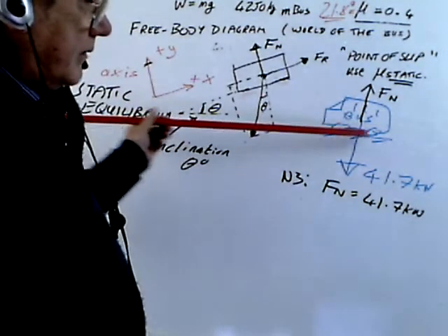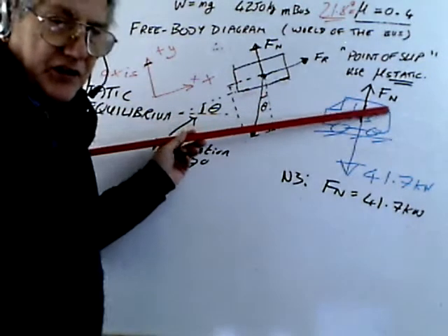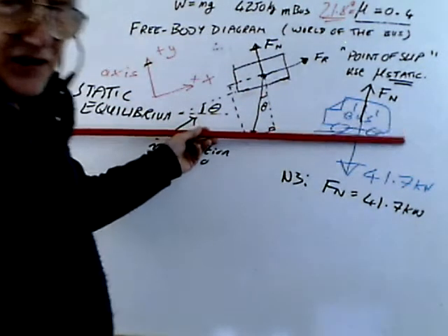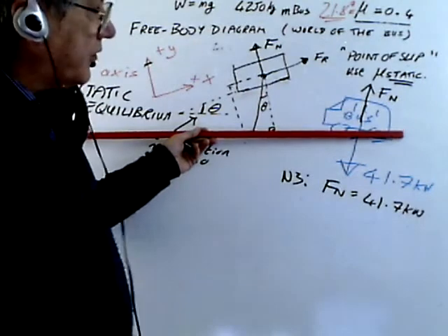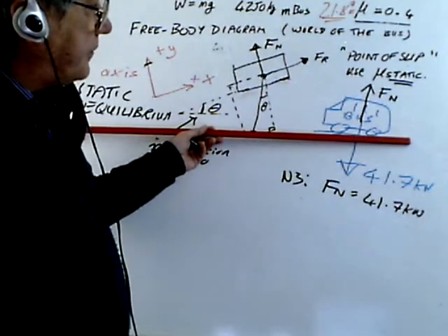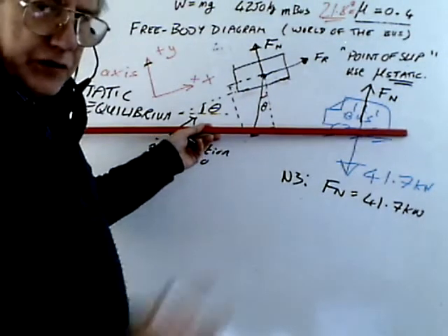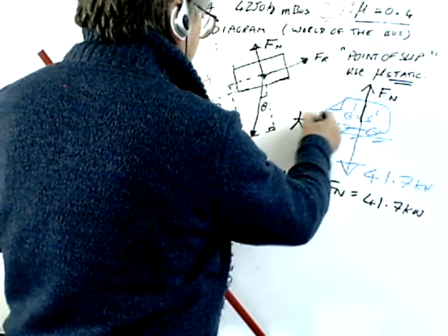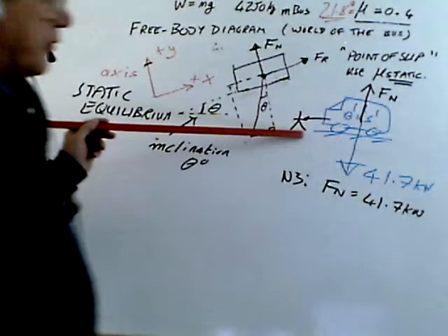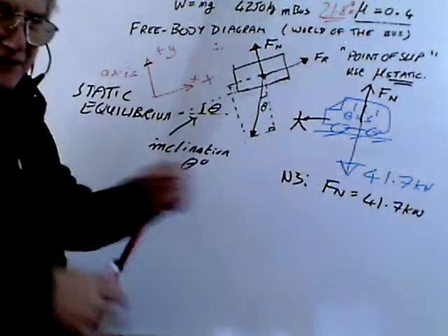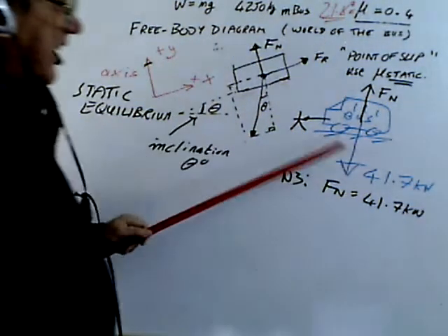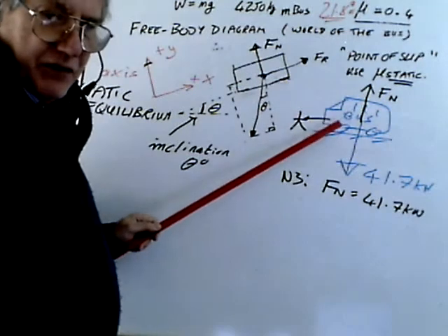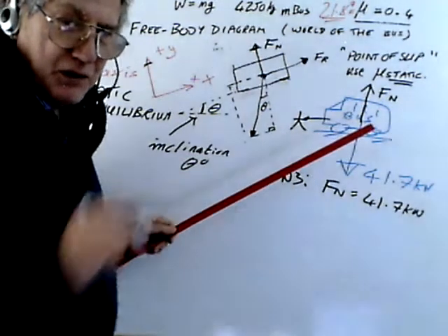You might ask, is there friction? Who cares? It's stationary. It's not moving. There are no forces. It's not as if you're trying to pull it. If you were trying to pull a bus with a rope, Arnold Schwarzenegger style, and there was no friction, you could pull a bus quite easily.